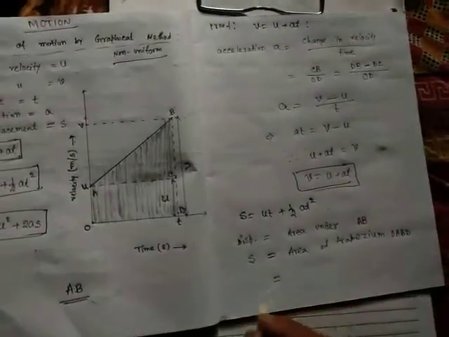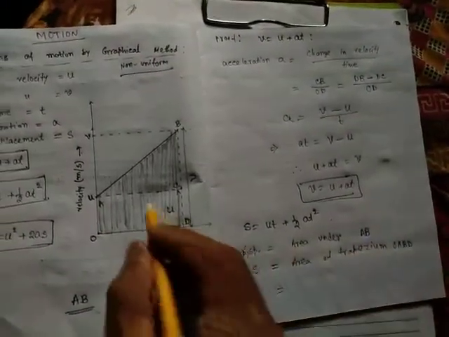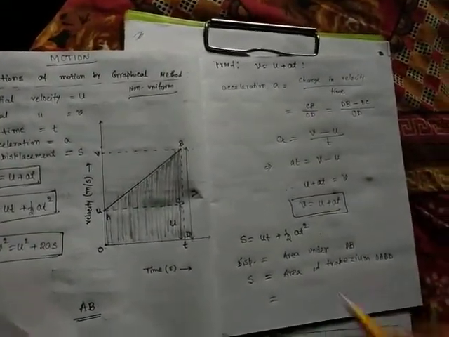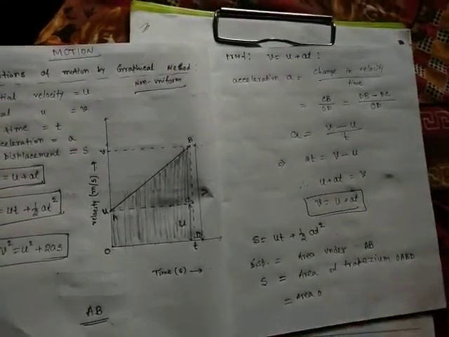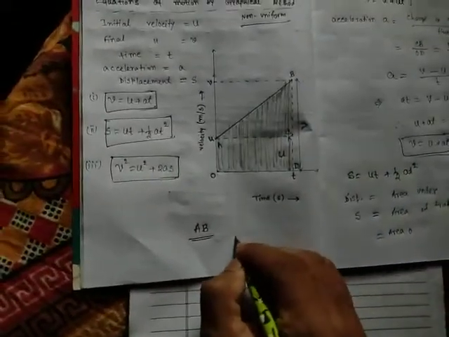Now you see, I can divide this trapezium into two parts. Here I am drawing. This is the total trapezium.